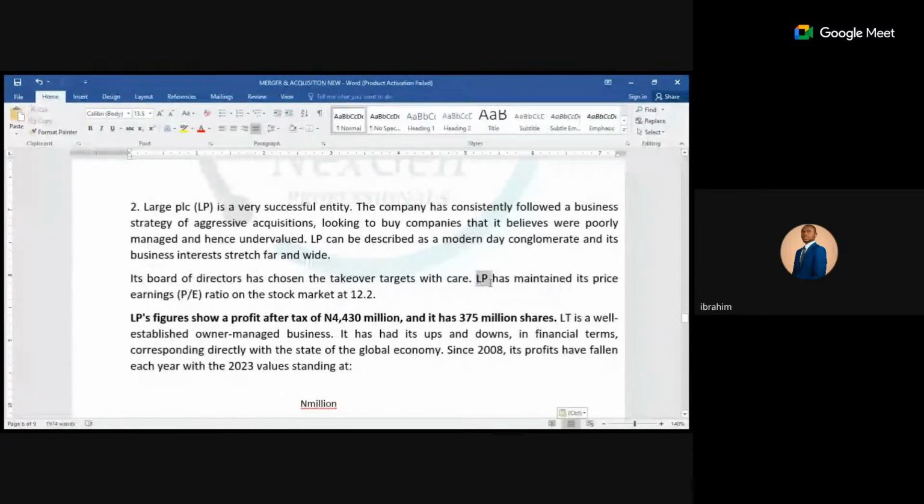LP has maintained its price earning ratio on the stock market at 12.2. Can you see the price earning ratio of LP?